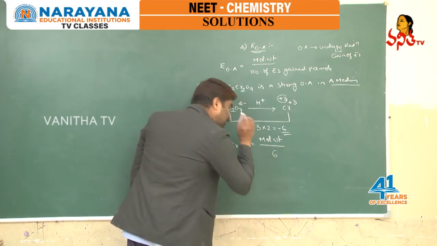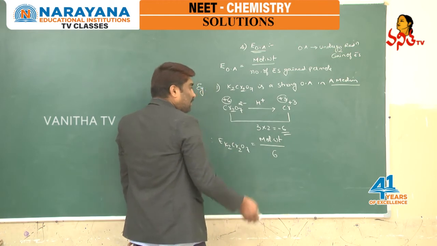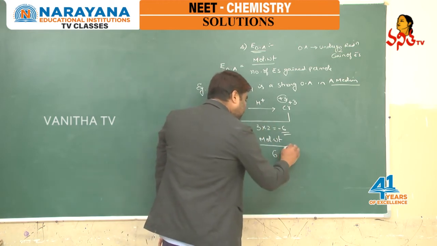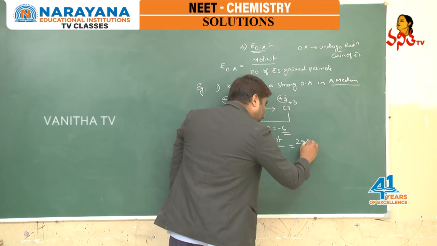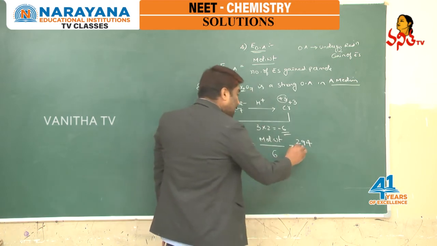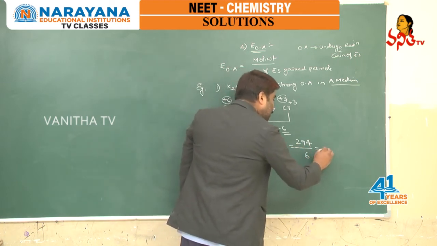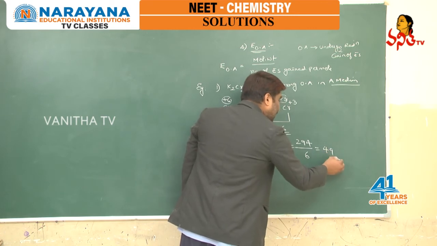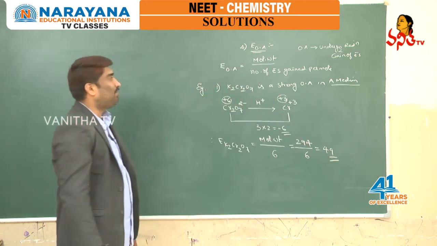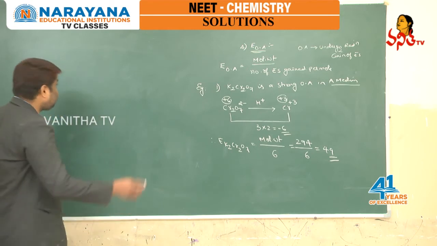How many electrons gained? 6. Therefore, molecular weight by 6. Molecular weight is 294 in the case of potassium dichromate, by 6, that comes to be 49. This is the equivalent weight of K2Cr2O7 in acidic medium.